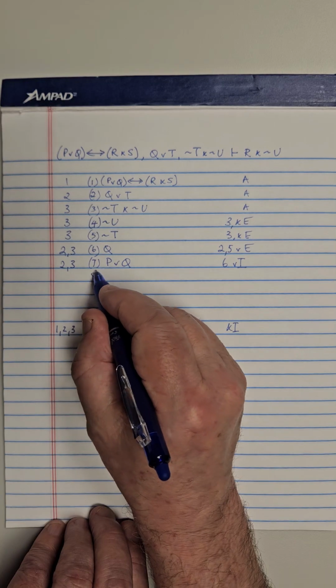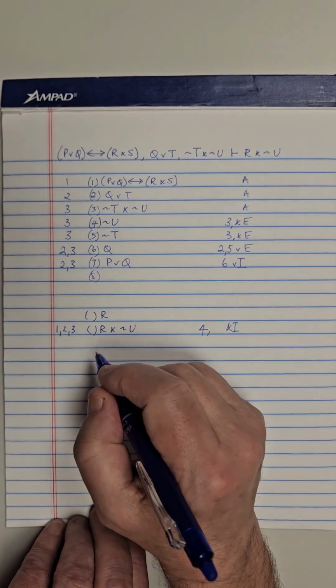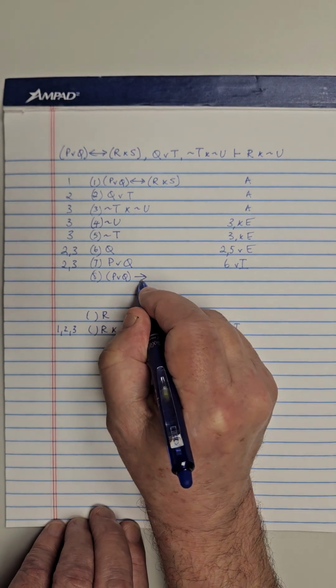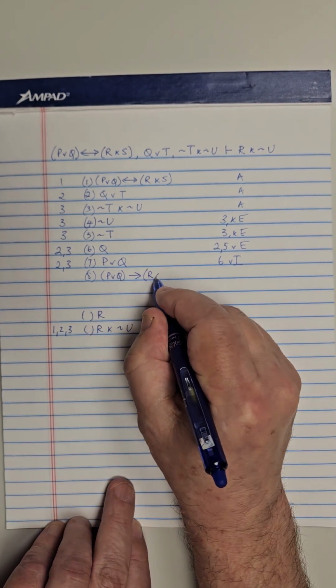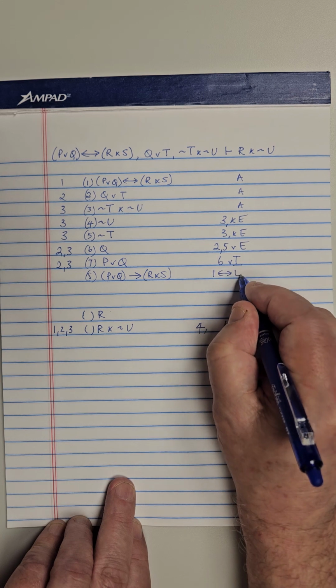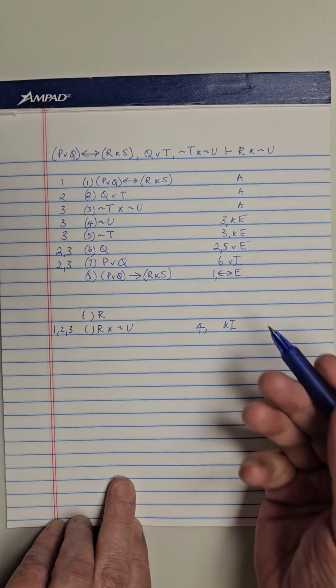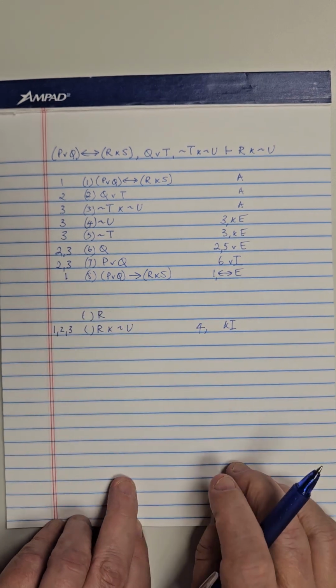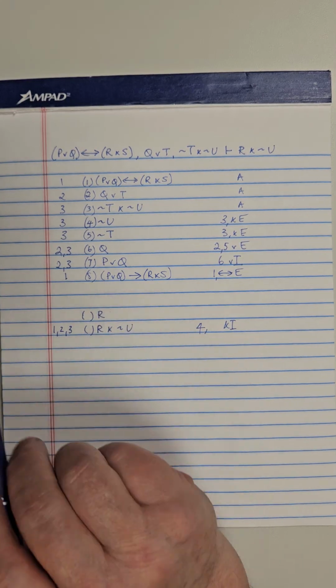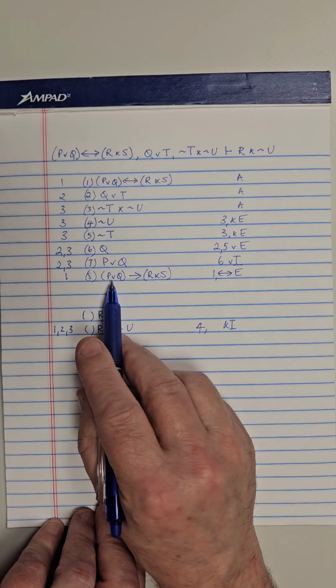Now we take out the left to right conditional from 1. So we get if either P or Q, then both R and S. That's one double arrow elimination. A one-line rule. And now 7 and 8, well, here is a conditional on line 8.